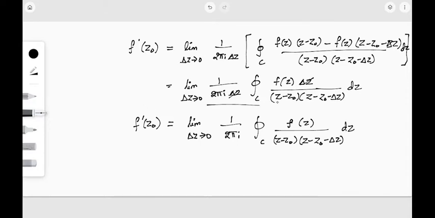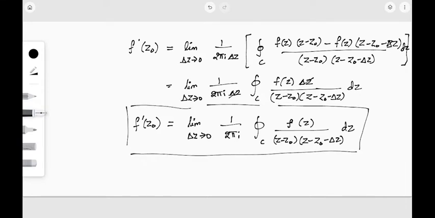So this is our f dash of z that we have formulated with the help of Cauchy's integral formula that we have learned just now.